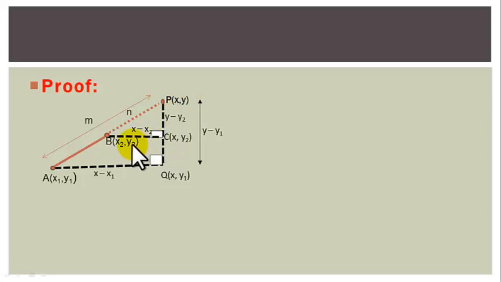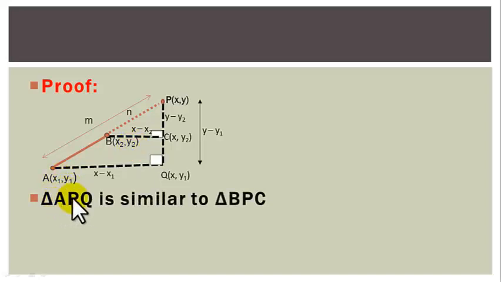Again, these two triangles, triangle APQ is similar to triangle BPC since they are equiangular. And we know that if two triangles are similar, the ratio of their corresponding sides must be equal.